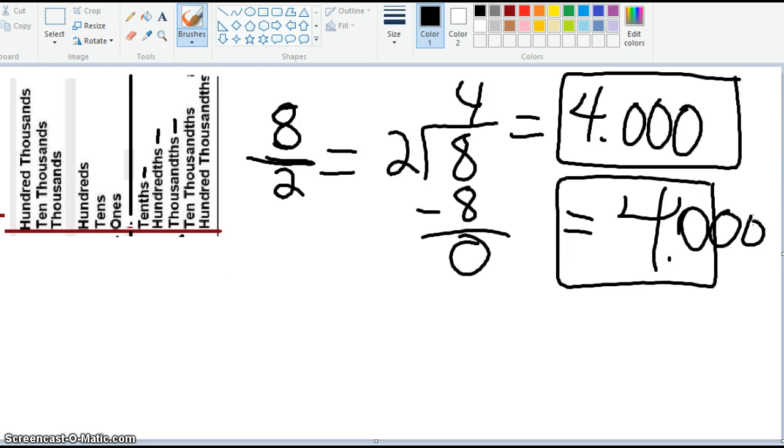All you really need to know is that in this case, 2 into 8 gives us 4, or 4.000, in the form of a decimal up to the thousandths place.